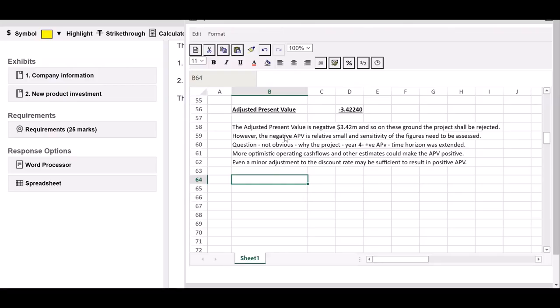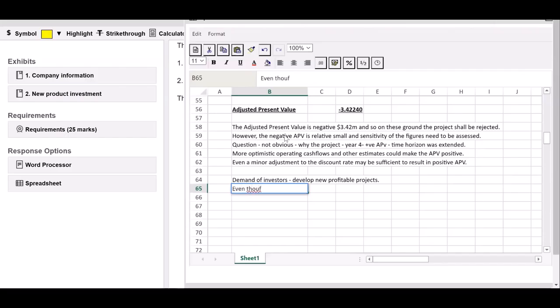Even though the APV is negative, what if it gives us an opportunity for other new projects, and those new projects might give us increased future profits? So let's put across the demand of the investors. What was the demand? To develop new profitable projects.